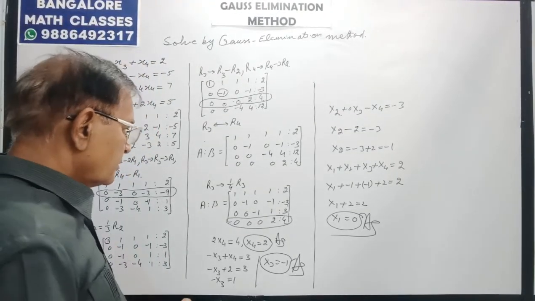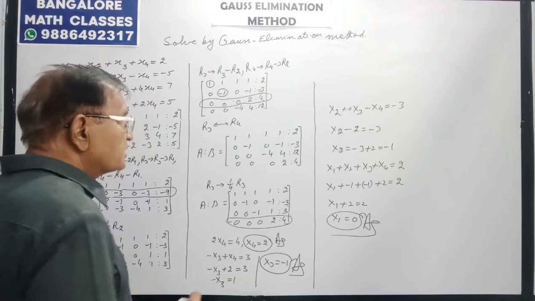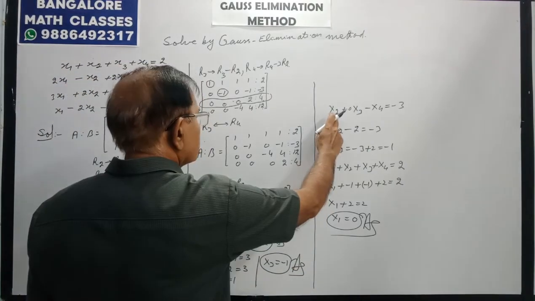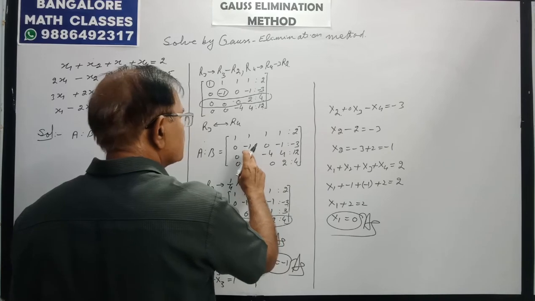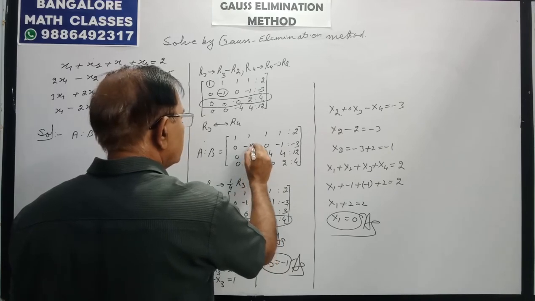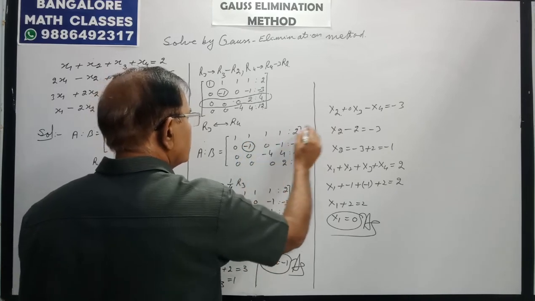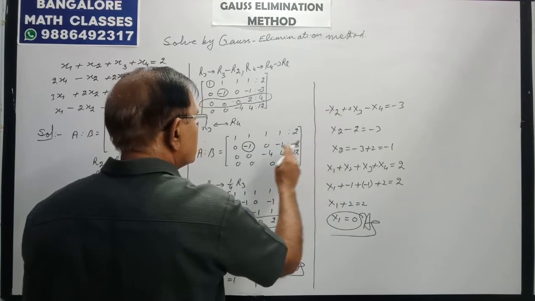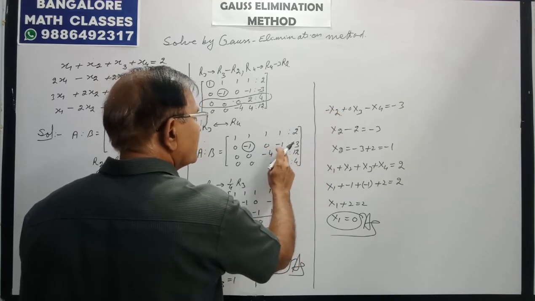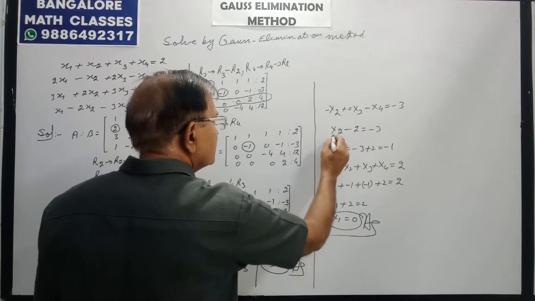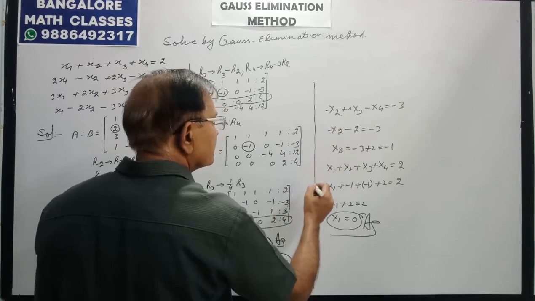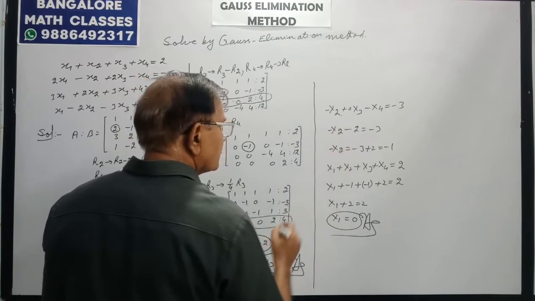Now, I think here it's minus x2. Negative sign is there. Minus x2, 0 x3, minus x4 equals minus 3. Here sign should be negative.